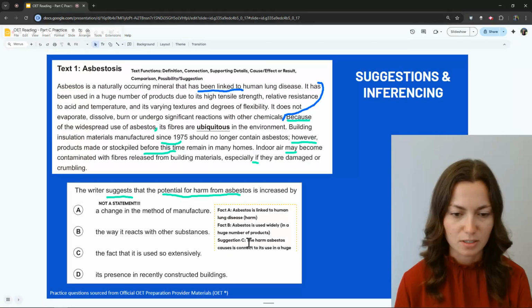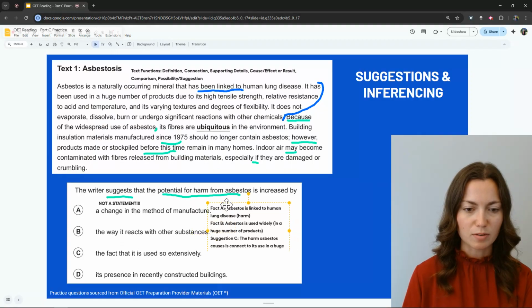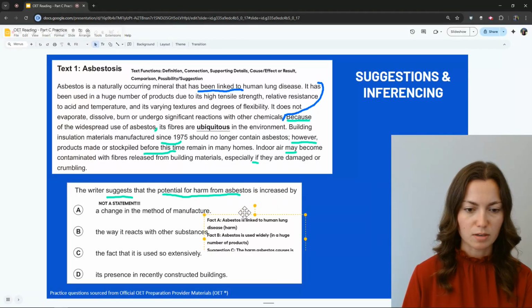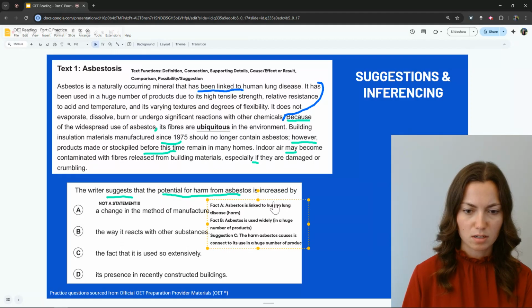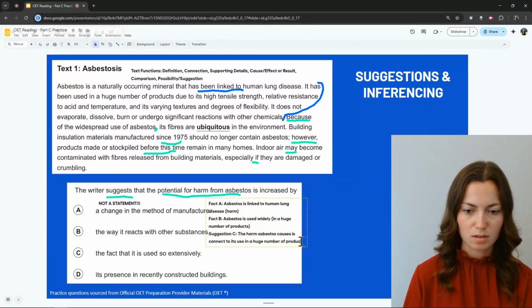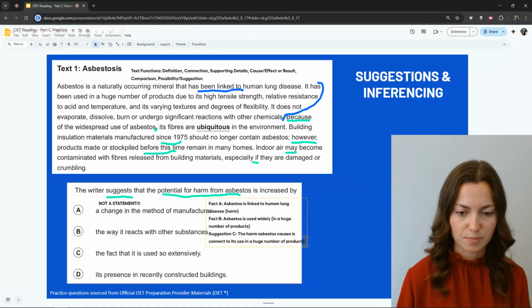It looks like my text got cut off there. Let me move us around a little bit so we can all see that. Huge number of products. And I'll move this down just so we can all see that. Products. Okay, it's cut off a little bit, but hopefully you can see that.